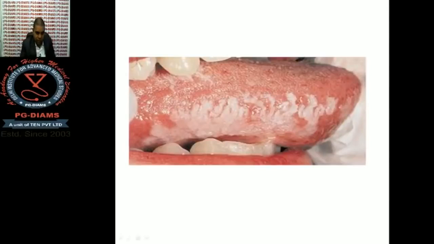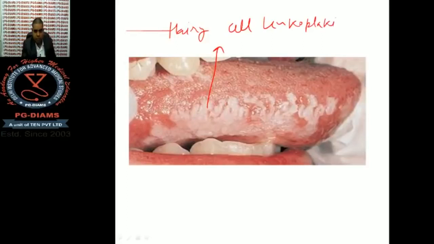Now what is this? This is known as hairy cell leukoplakia. It is caused by Epstein-Barr virus.